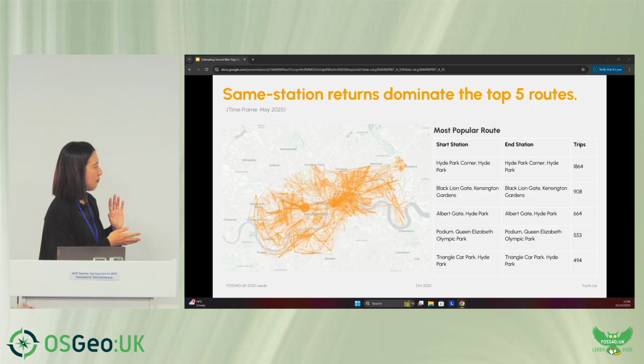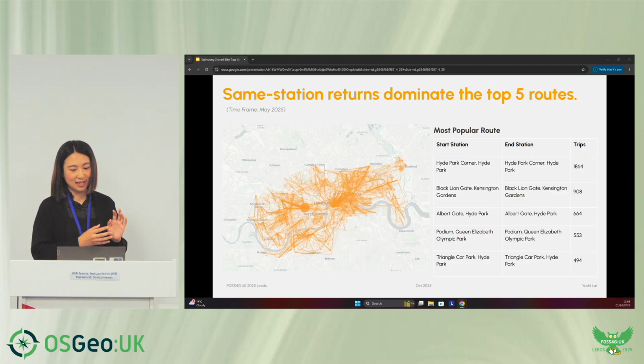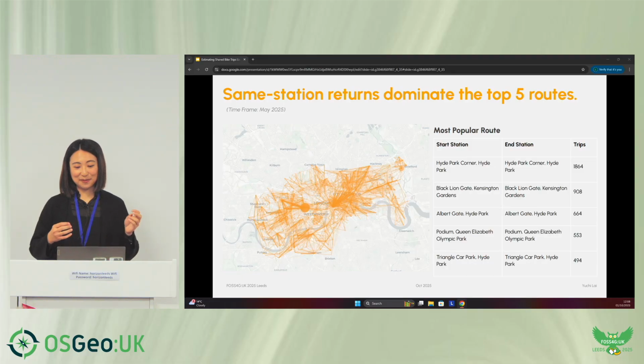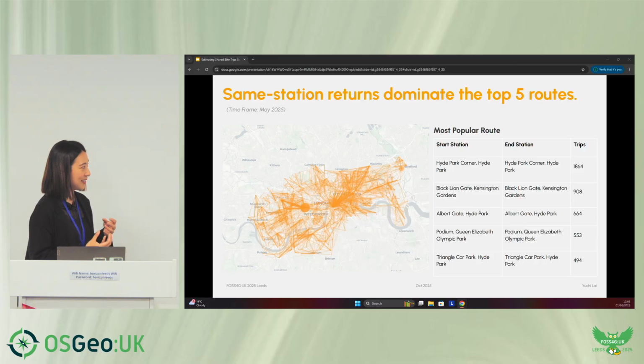For this graph, I can see which routes are taken by the most people. And it's quite interesting that I found the top 5 popular routes start and end at the same location, which indicates that people are using bikes for leisure purposes.